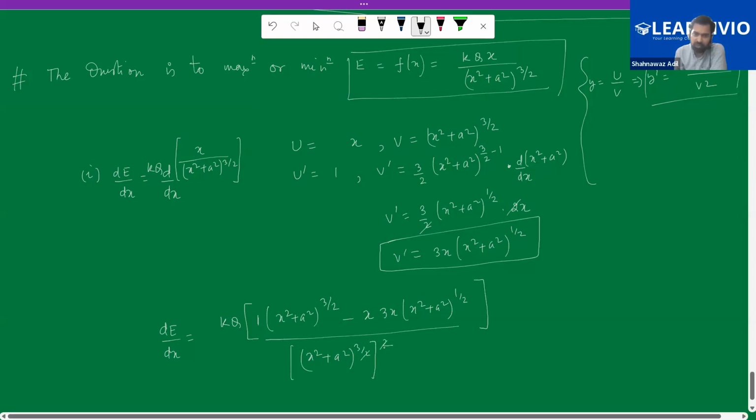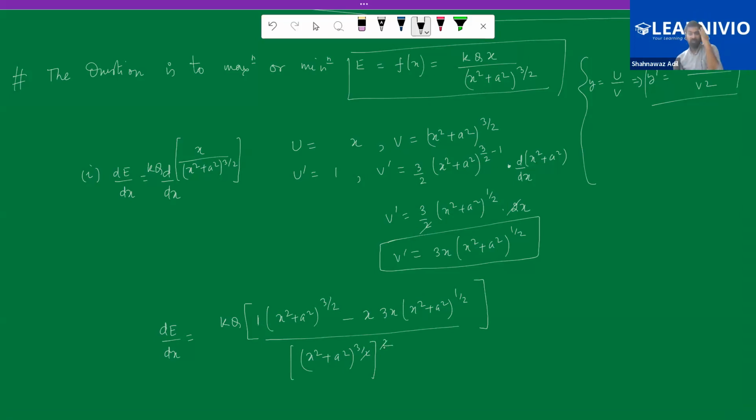So this one and this one will cancel. Right, is this one clear?